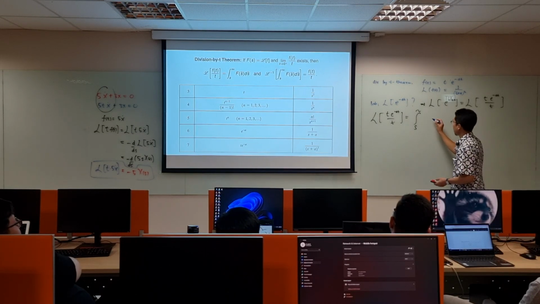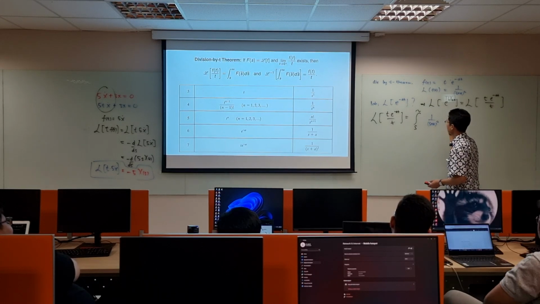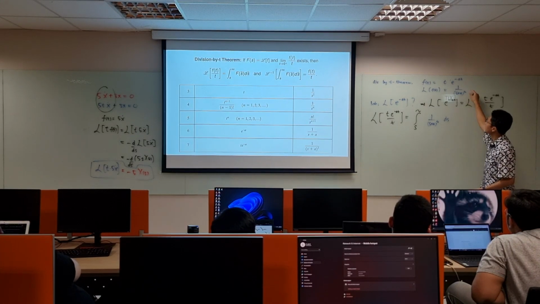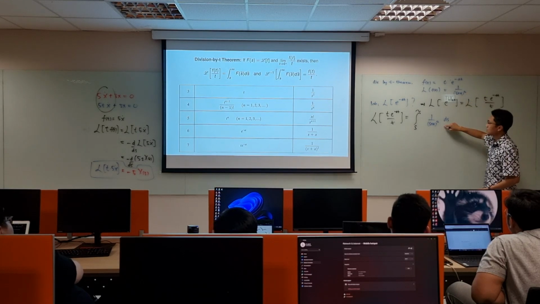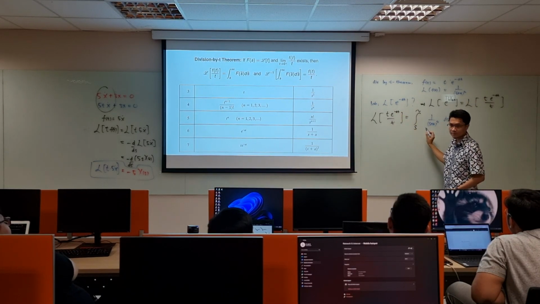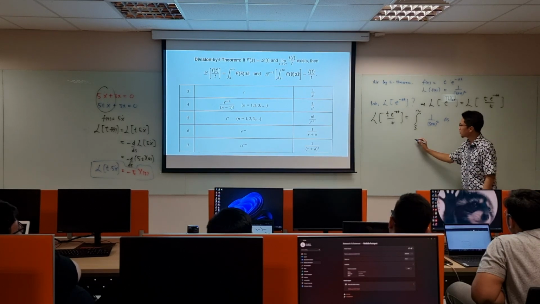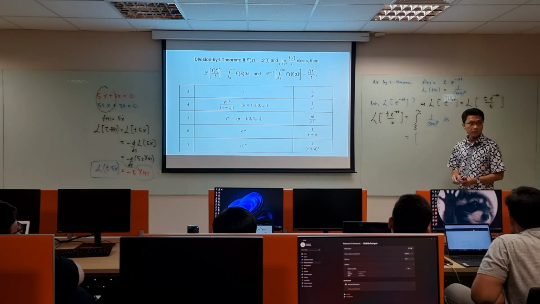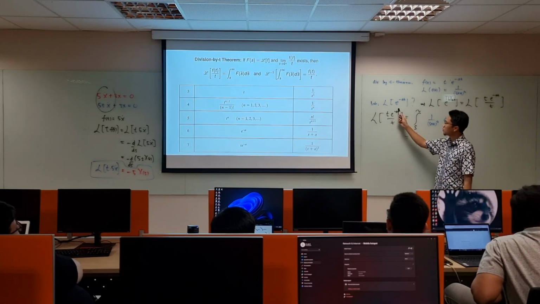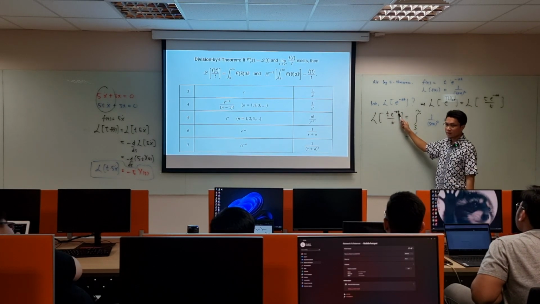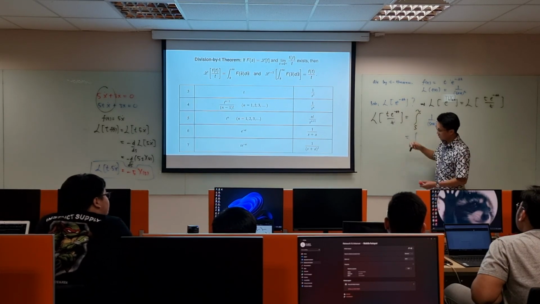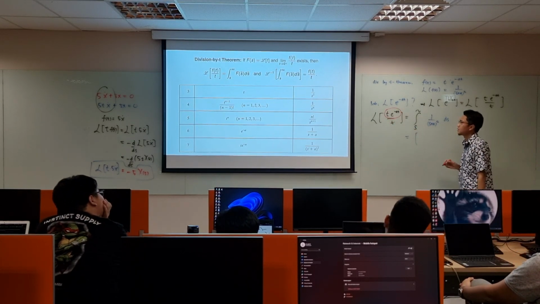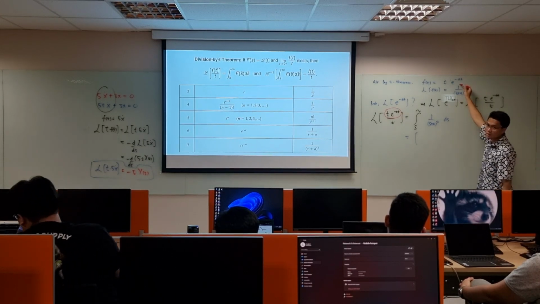Yeah, that's correct, 1 over (s plus a) squared. This is the Laplace transform of the top part, the whole thing, which is the f(t).